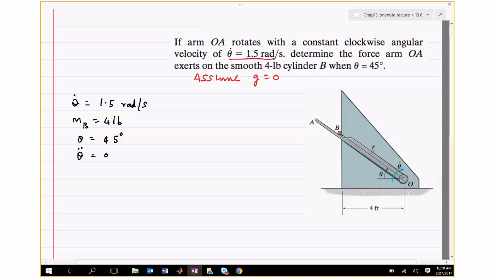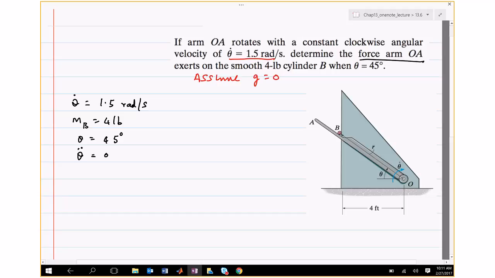Okay, so why is this a problem of kinetics? It's because you're given forces. How are you given forces? It's only the forces due to acceleration. There are no external. Well, you're told to find, sorry, you're told to find the force arm OA exerts, right?